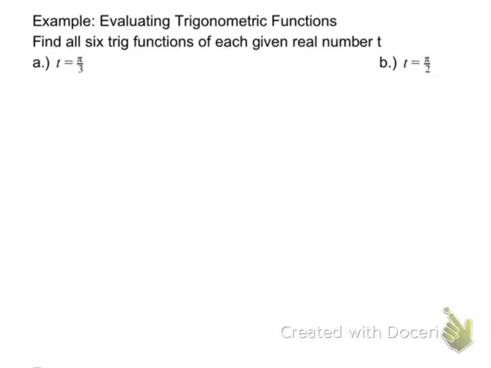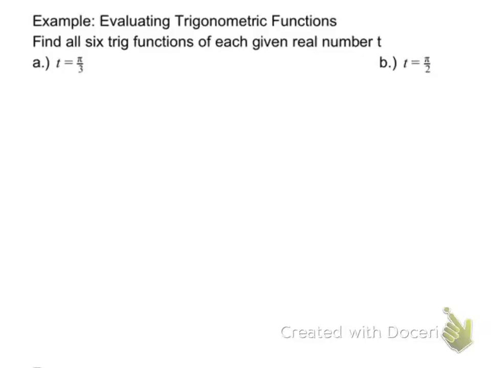We're going to evaluate trig functions now. I want to give you the number value t here, aka radian measure. I want you to find all 6 trig functions. Now, this is the way I like to do this, and it's not the way, it's just a way.